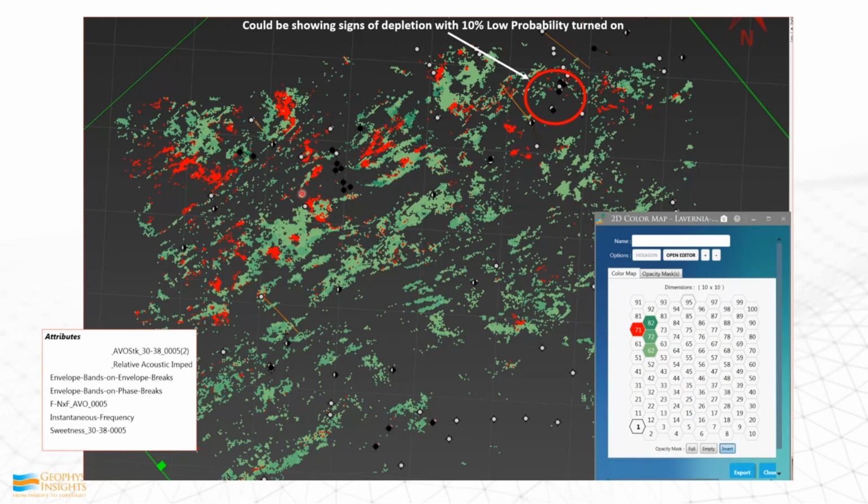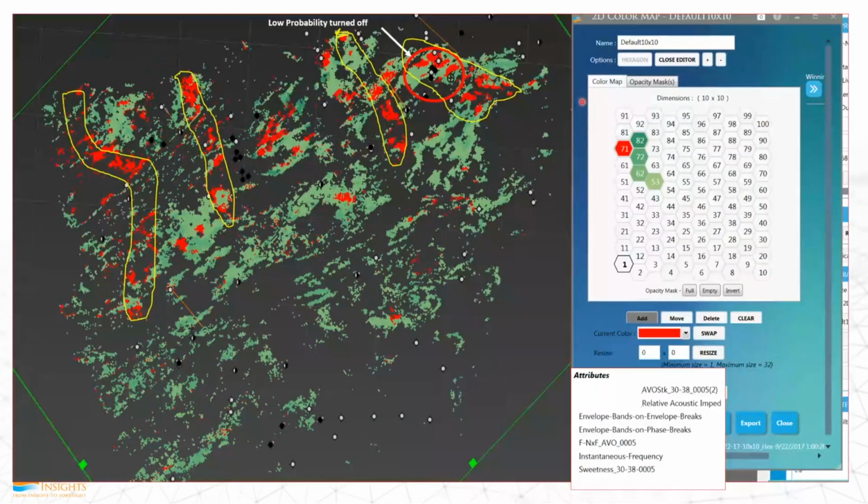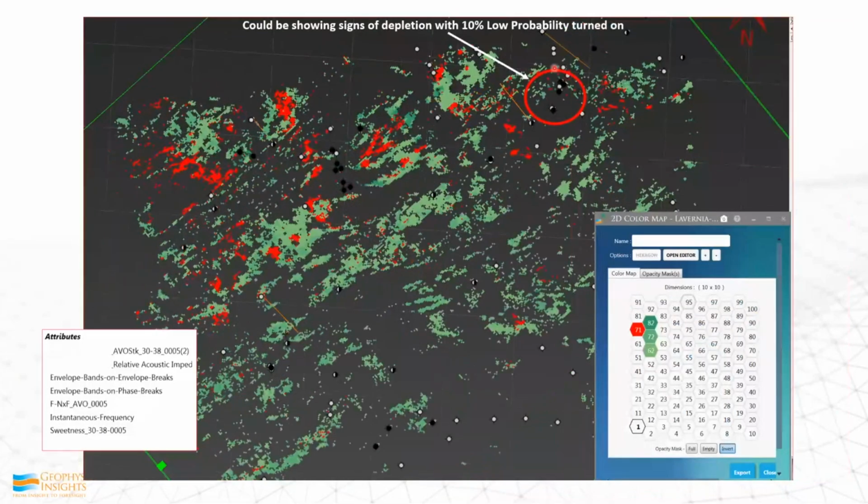So that means these hydrocarbons are still intact and still in the rock, whereas this is showing my depleted area. Now I'll go back again and say, here we see all of the data points turned on. And here we see only the 10% most anomalous data points to each cluster turned on. So not only can you use lower probability to help you find hydrocarbons, you can actually use it to help you prove depletion in an area.